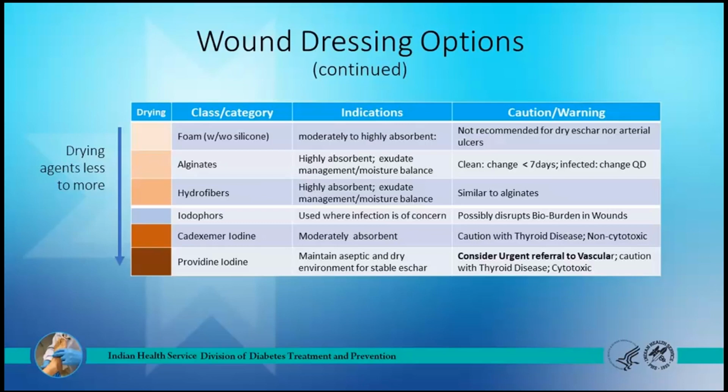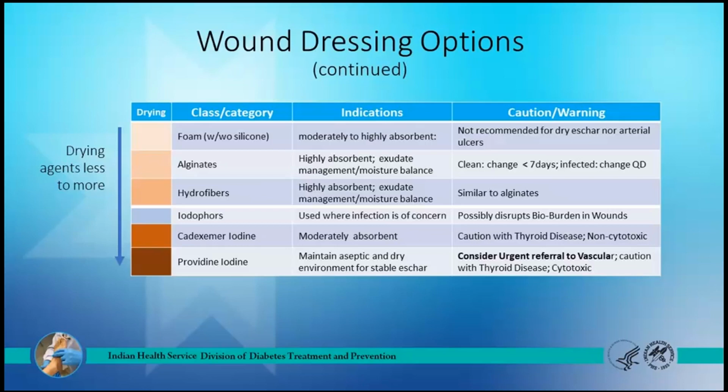But as it absorbs moisture, you'll see the color change, and if it's really saturated, the brown will turn into white. In this way, it can be an indicator for you and the patient of what's going on in the wound, how much it's draining. Please take caution with patients with thyroid disease, as there's iodine in here. Of note, cadexomer iodine is not cytotoxic.